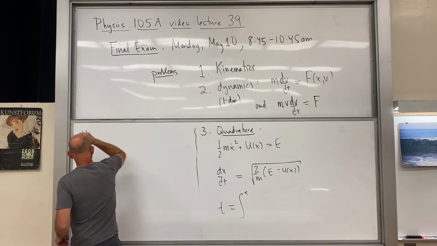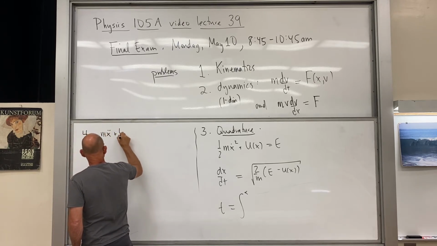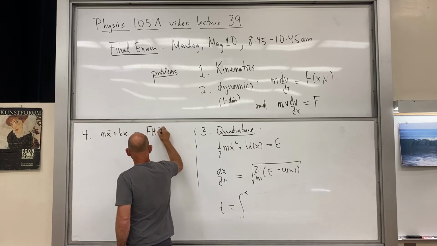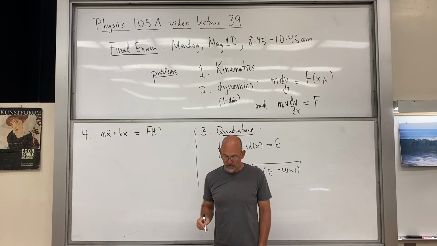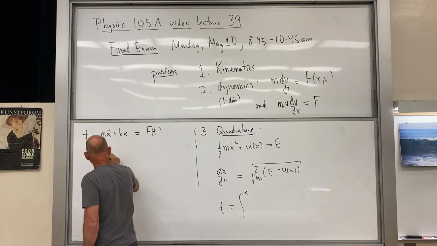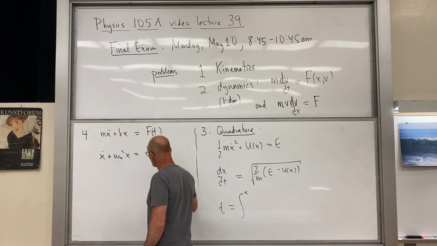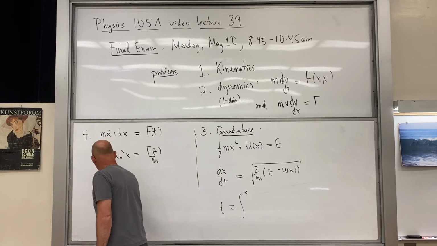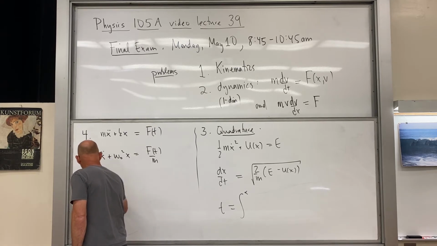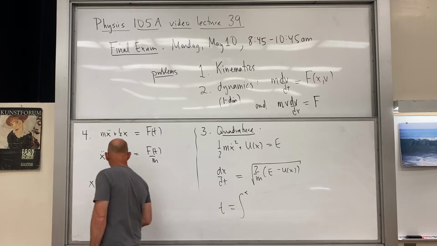Now the fourth problem, I want us to be able to solve one of these using the method with the complex numbers. So first of all, we reduce it to this form here, f of t over m, and then we solve, and x turns out to be the imaginary part of C divided by omega naught.